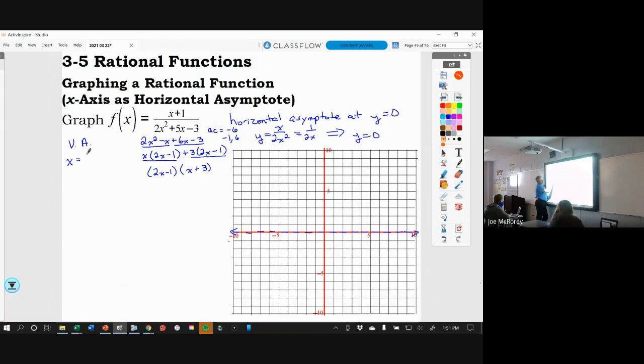So it would be x equals 1/2. And the other one? X equals negative 3. Okay, so let's draw those. I've got a vertical asymptote at 1/2. And I have a vertical asymptote at negative 3.